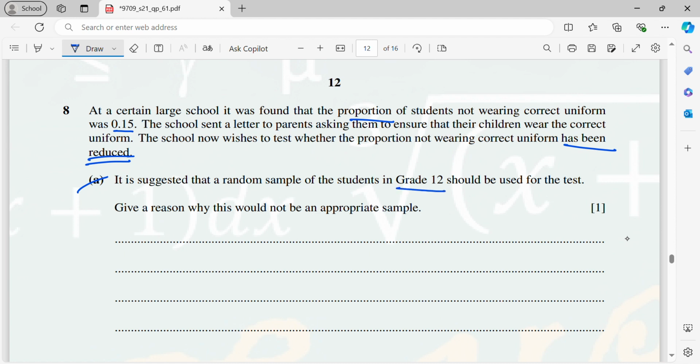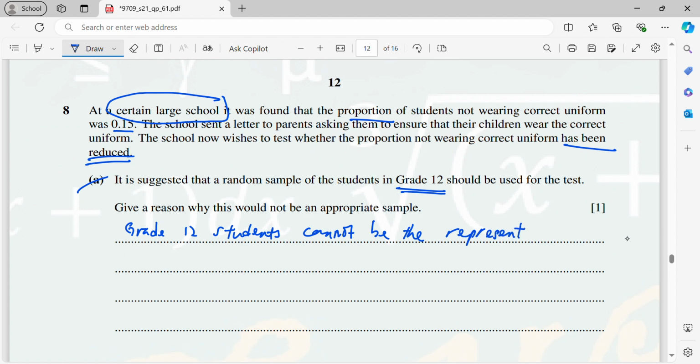Okay, because when you just consider grade 12 students, it cannot represent the whole school. You see, this is the whole school, right? So that is the reason. So grade 12 students cannot be representative of all students in the school.